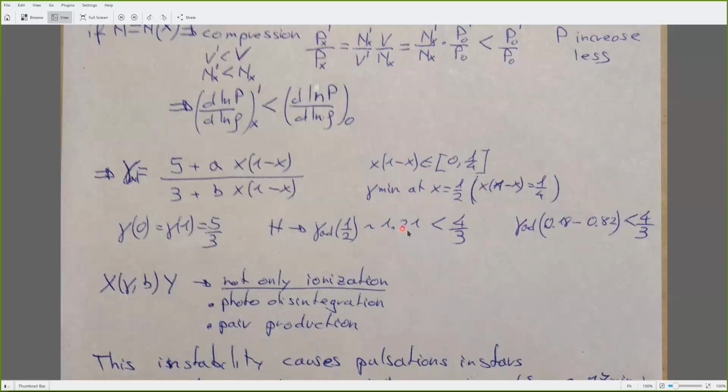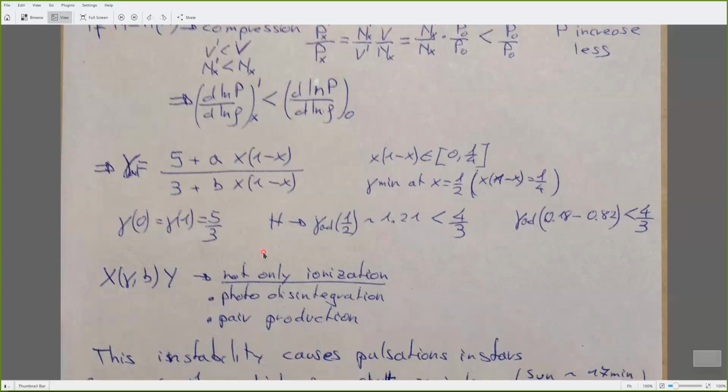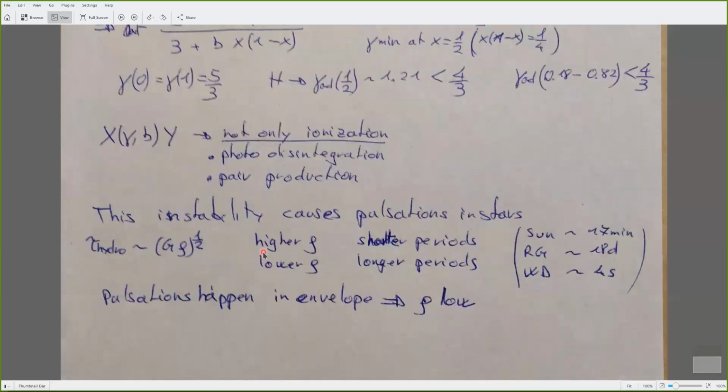But as I said before, this is instability, not just ionization, all the family that causes this change in the numerical density, to increase or decrease the number of particles present.